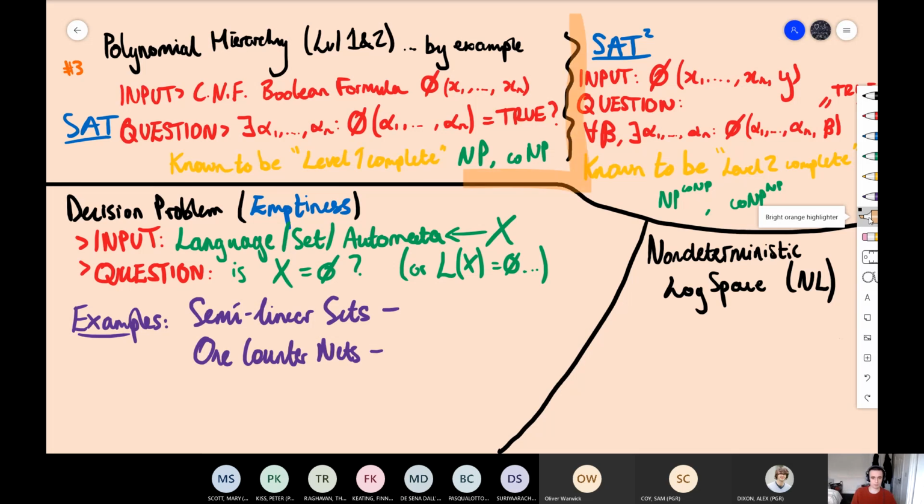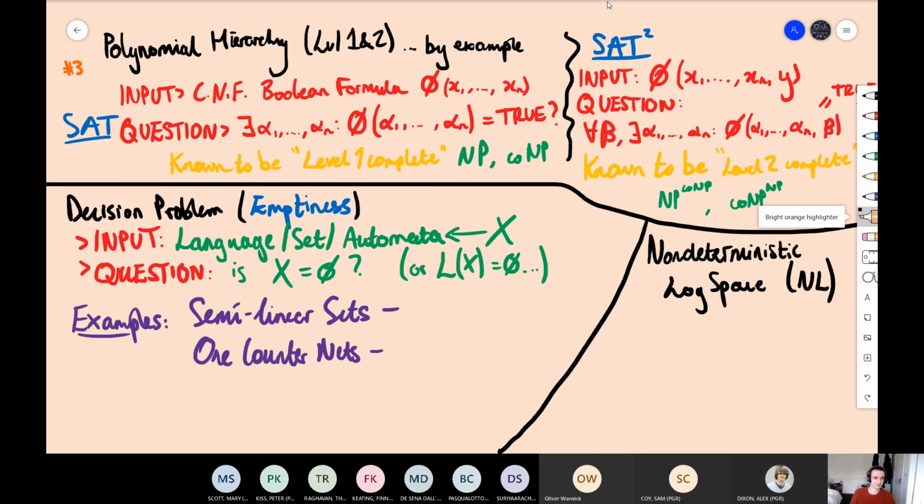This left bracket represents level 1, which is NP or co-NP. The canonical problem hopefully is familiar to everyone, which is just SAT. You take a Boolean formula, phi in variables x1 to xn, and you ask the question, is there an assignment, alpha1 to x1, alpha2 to x2, etc., alpha n to xn, such that phi is true?